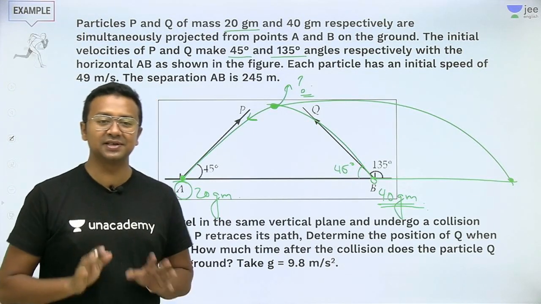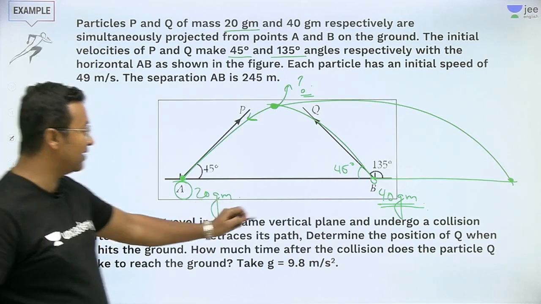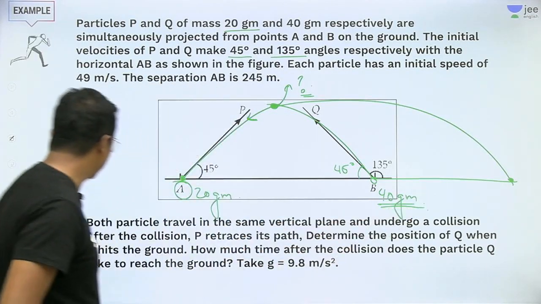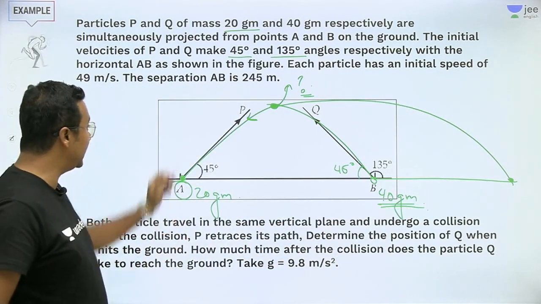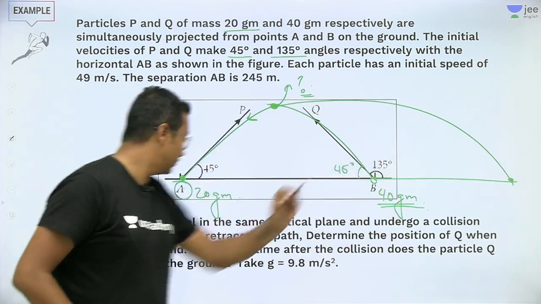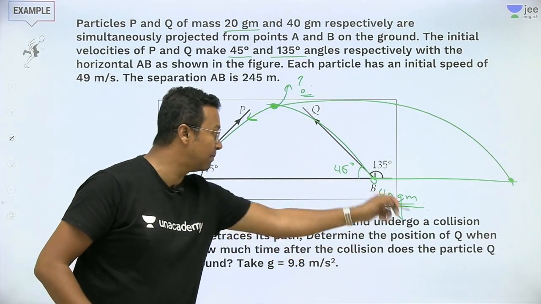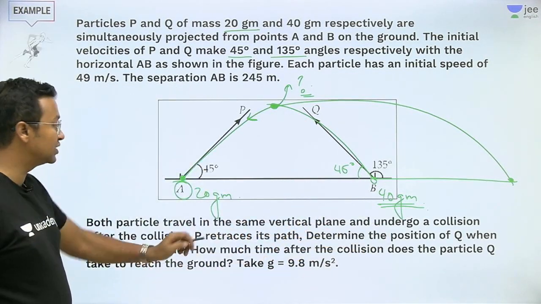This is what the question is. I have two particles, both particles travel in the same vertical plane and undergo a collision. After the collision, P, that is this particle here, retraces its path. Determine the position of Q when it hits the ground, and how much time after the collision does the particle Q take to reach the ground.